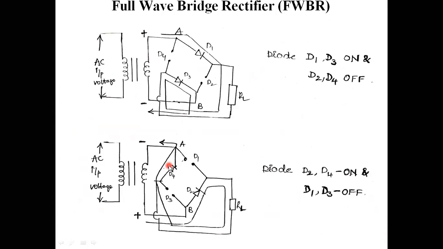We will consider this as A to D1, RL, and again D3 to point B, where B point is negative.